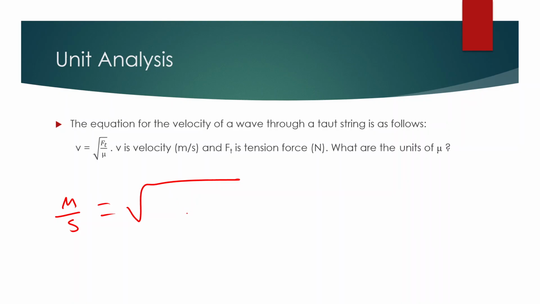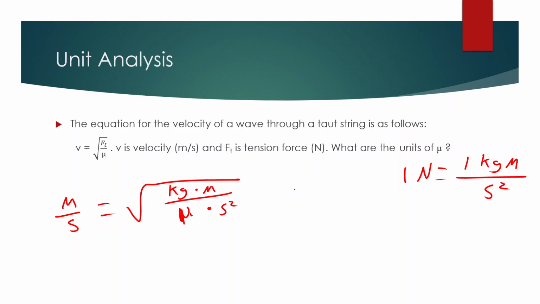Now, something you need to remember, if you don't already have this memorized, you absolutely should, is that 1 Newton is equivalent to 1 kilogram meter per second squared. So, in other words, we have square root of kilograms times meters divided by whatever mu is. That's a terrible looking mu, but that's okay. Times seconds squared. All right, so now what I can do is I can square this whole thing.